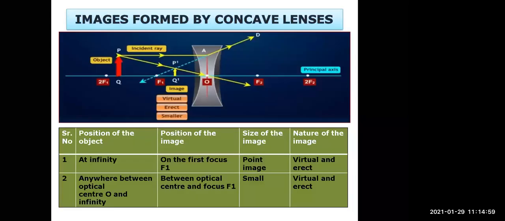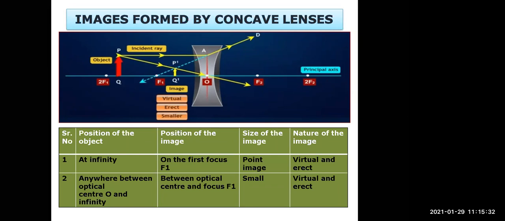Then let's study the images formed by the concave lenses. Now in this case, here you can see in the middle the lens is placed. Here also the same case, the object is placed, and from that object a few of the incident rays will come out and get refracted, and we will observe the image which is formed. So here we will see a few cases.